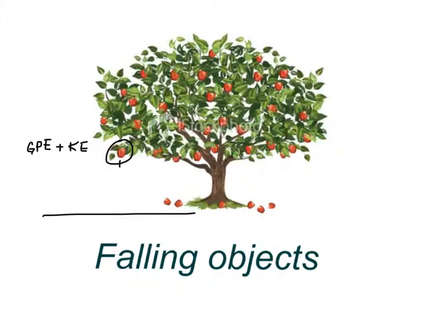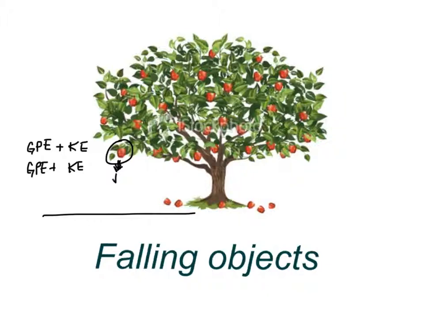As soon as that apple just starts to fall, it will have a little bit of kinetic energy. Some of that gravitational potential energy is being converted into this kinetic energy. At this point, it has a small amount of kinetic energy, and it still has gravitational potential energy, which is a little bit less than it was a moment ago because its height from the ground is a little less.